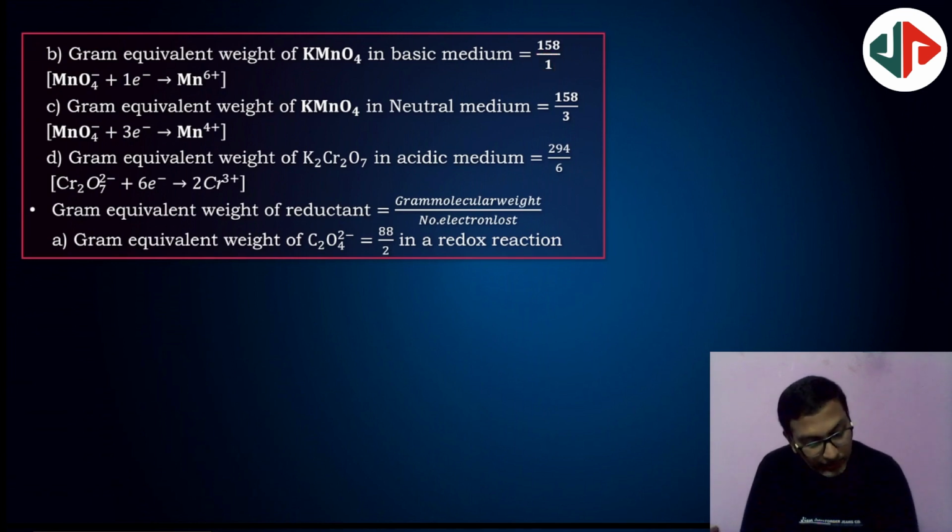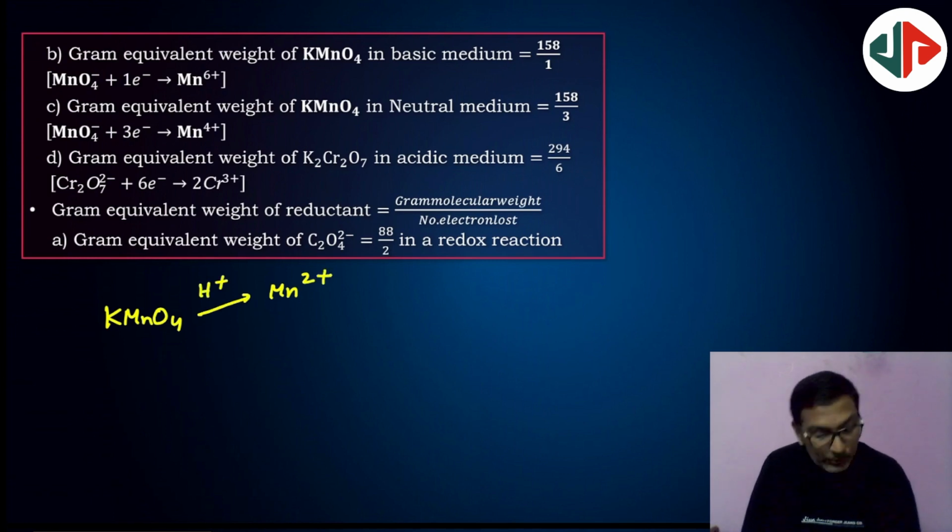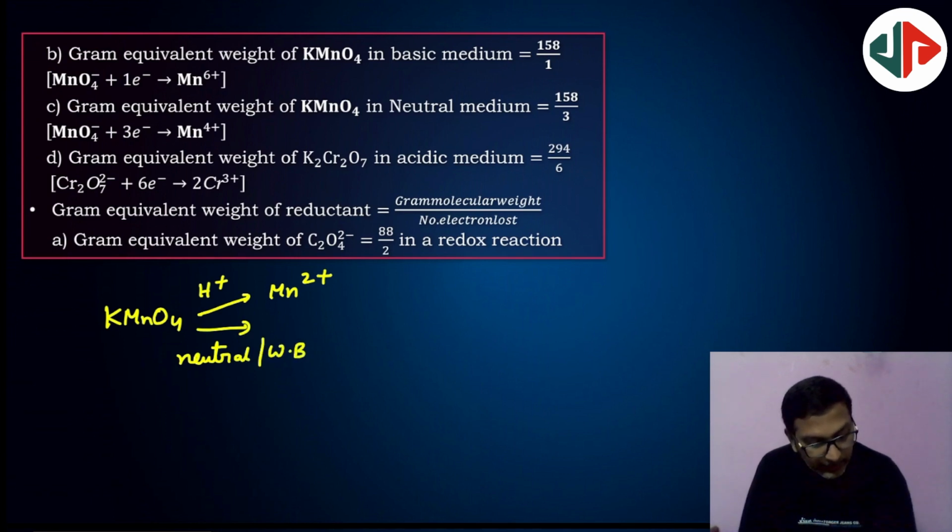So for KMnO4, remember like this. In acidic medium it changes to Mn2+. Neutral or weakly basic medium it changes to MnO2. Strongly basic medium, or we can write alkaline medium, it changes to MnO4 2 minus.